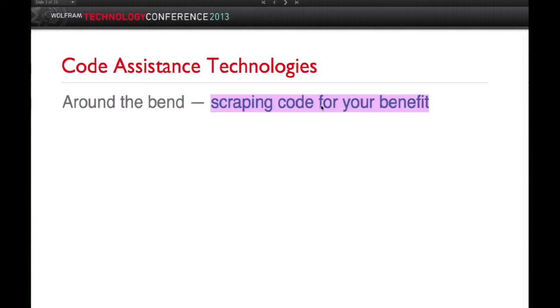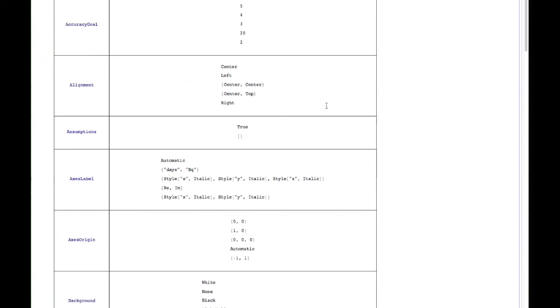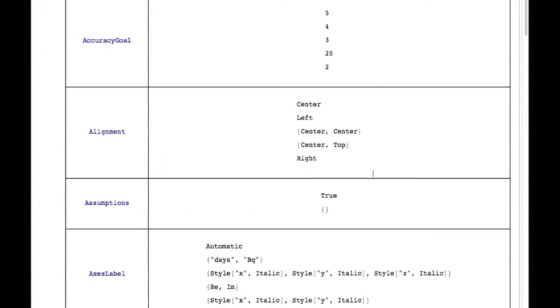This is some data that we collected from a large body of code: if we were to just say, what would the 5 best values be, if you haven't typed a key at all, for the right-hand side of AccuracyGoal, for example? And so how do we solve this problem? We solve the problem with data.